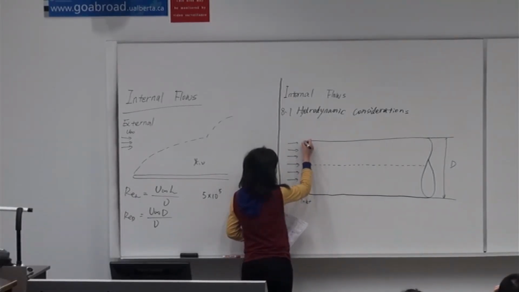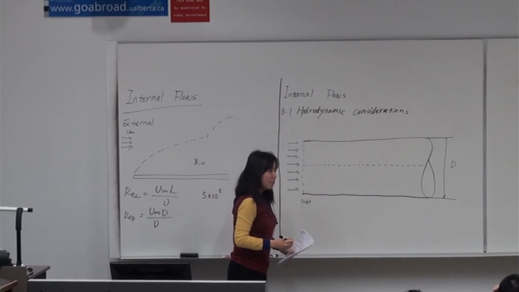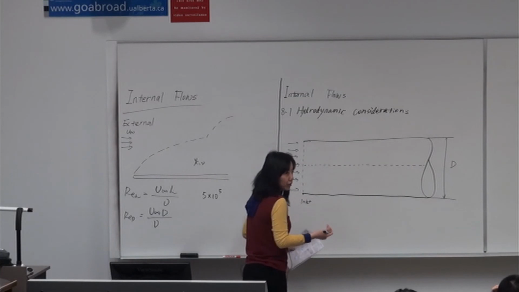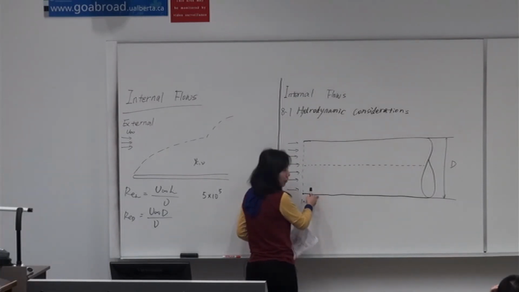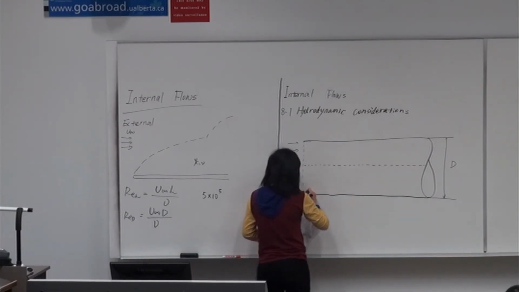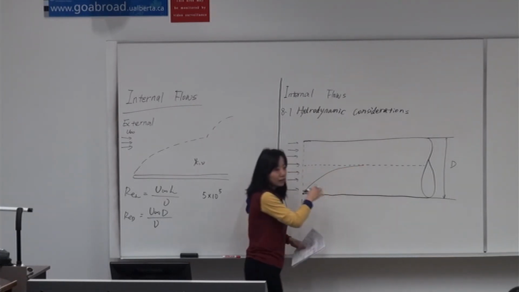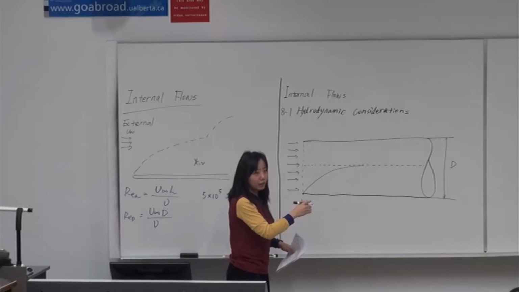The velocity at the surface is 0, but then due to the viscous effect, the surface effect will propagate into the flow as an expanding boundary layer.